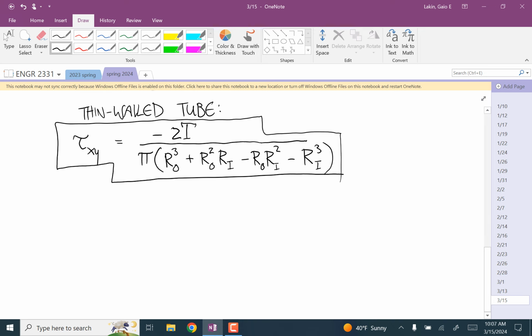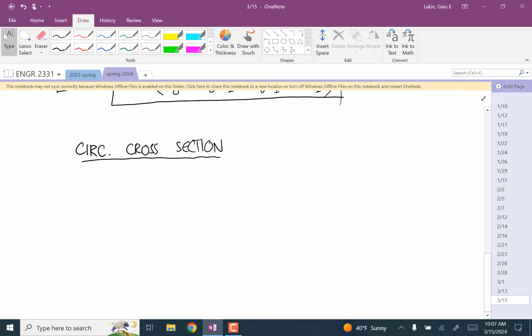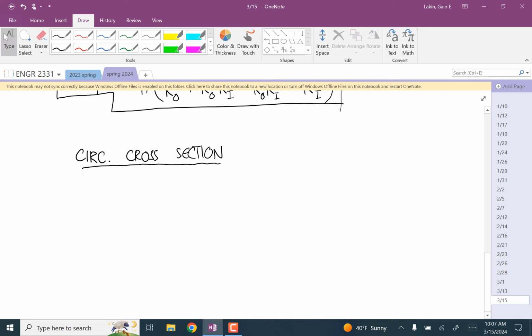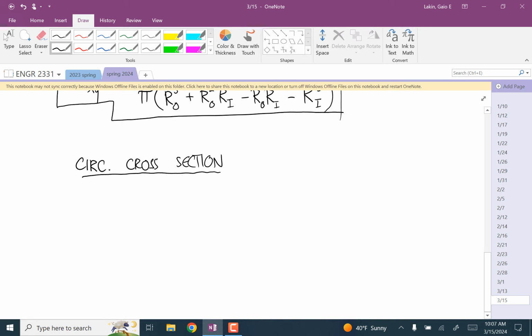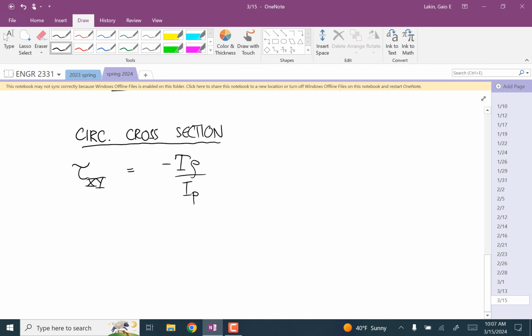And so now we're going to do it for a circular cross section. We have that this shear stress is equal to negative T times rho over I sub P. So we have to calculate this polar moment of inertia.